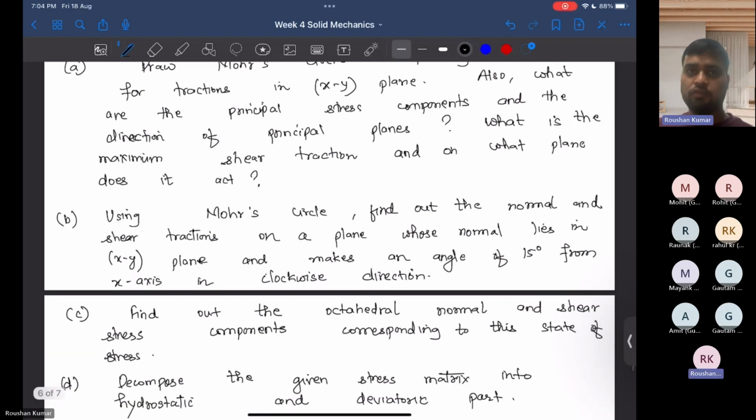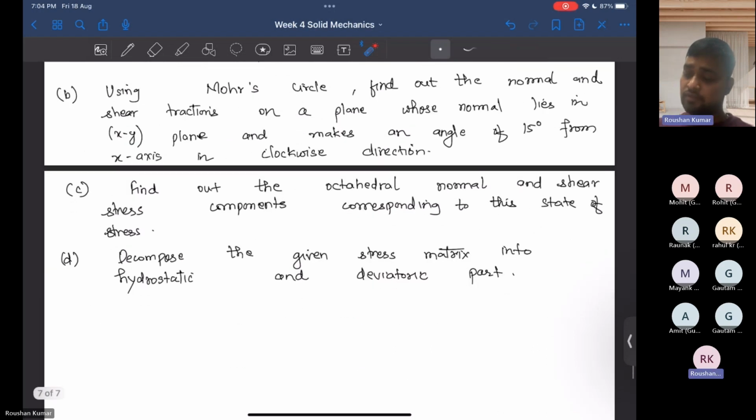The second part is using Mohr circle, find out the normal and the shear traction on a plane whose normal lies in xy plane and makes an angle of 15 degree from x-axis in clockwise direction. And the third question is find out the octahedral normal and shear stress component corresponding to this state of stress. And the last part of this question is decompose the given stress matrix into hydrostatic and deviatoric part.